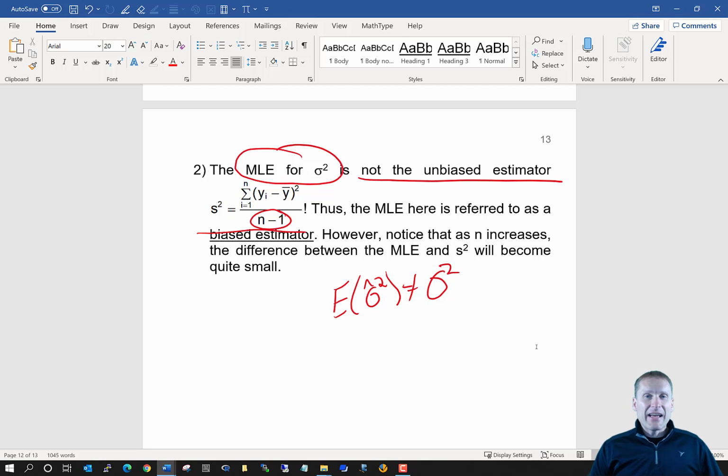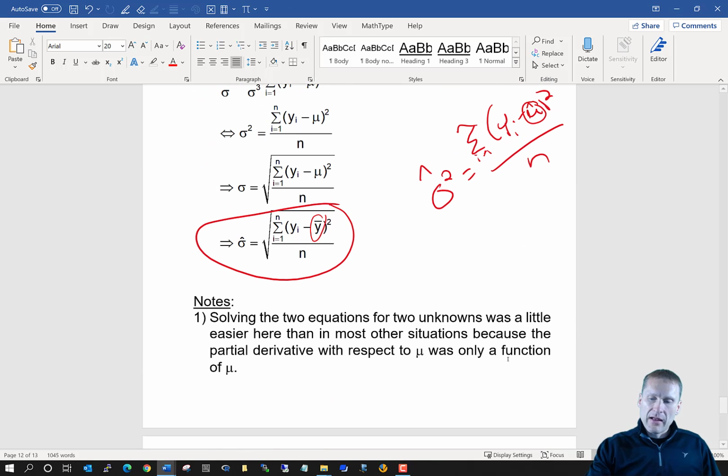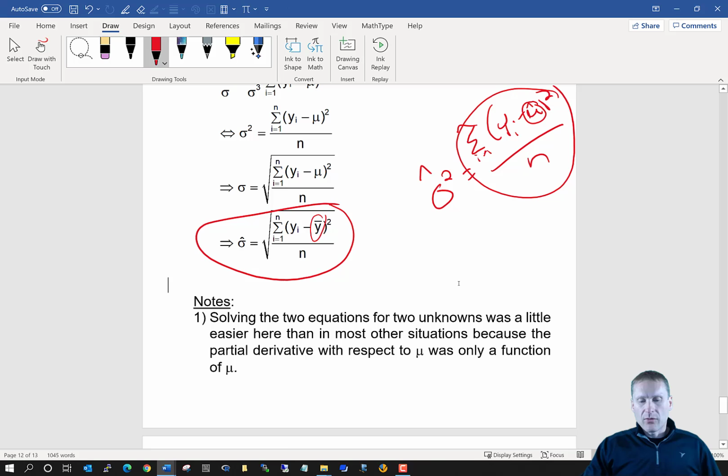But in the end, it's not a big deal, because notice as your sample size increases, this difference between this expression and this expression is going to become smaller and smaller. So even though the MLE is biased, it's not really a big deal for large samples.